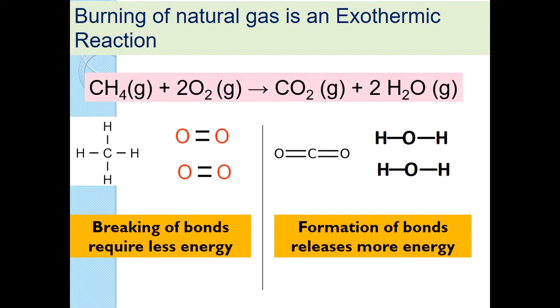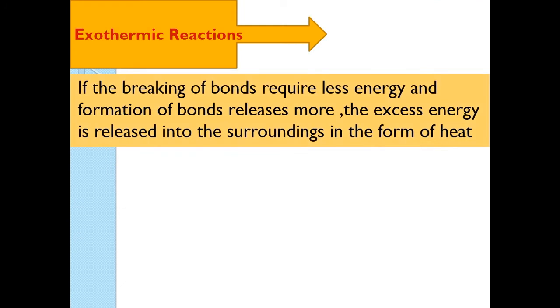Here, breaking of bonds requires less energy and formation of bonds releases more energy, and the cumulative effect is that this reaction is exothermic in nature. If the breaking of bonds requires less energy and formation of bonds releases more, the excess energy is released into the surroundings in the form of heat. That is why temperature increases when exothermic reactions take place.